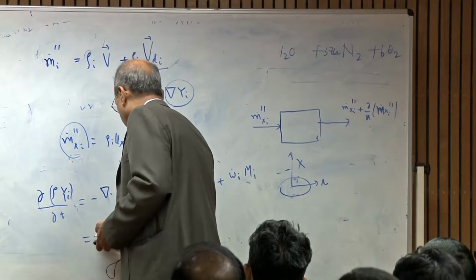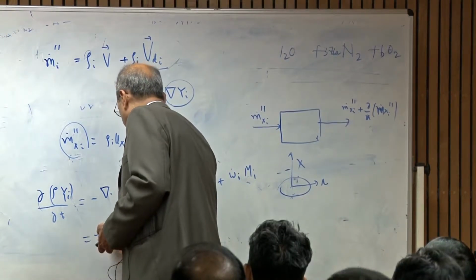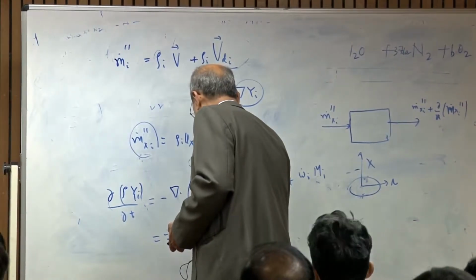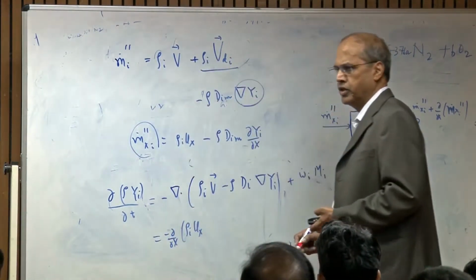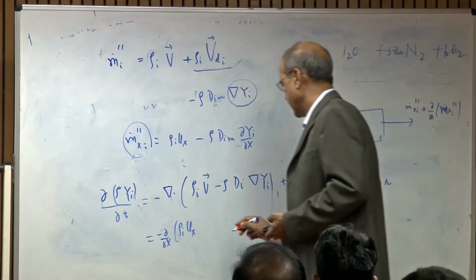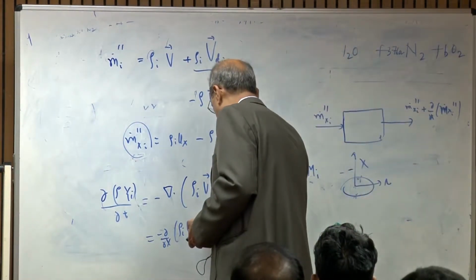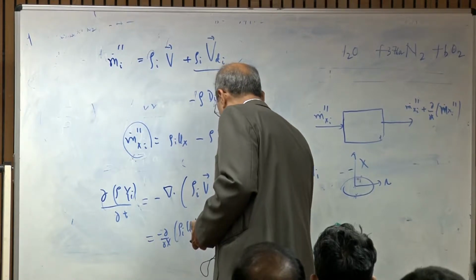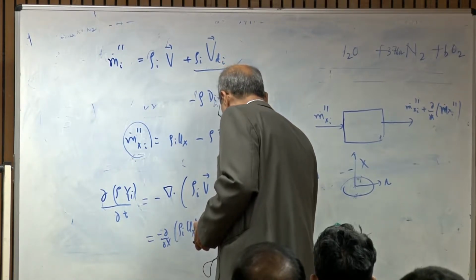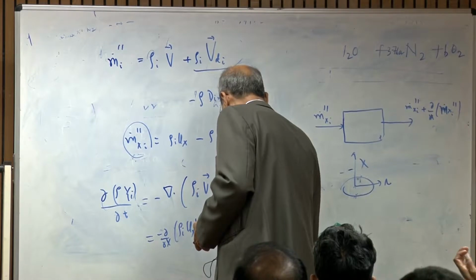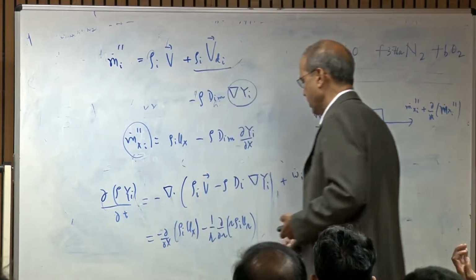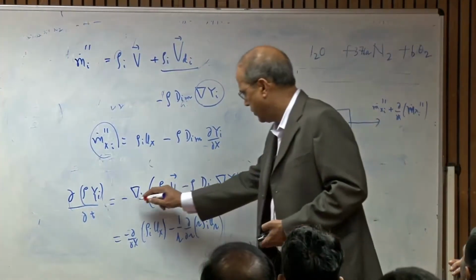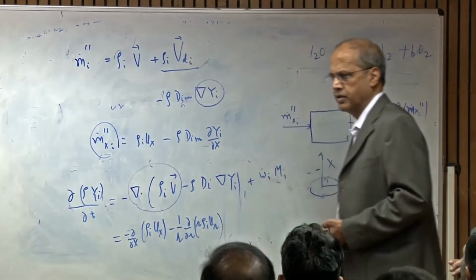So this one now you can write as minus ddx of rho I ux. Rho I you can convert to rho times yi. Okay. And then the radial part, so that will be the two convective terms, okay, corresponding to this quantity.